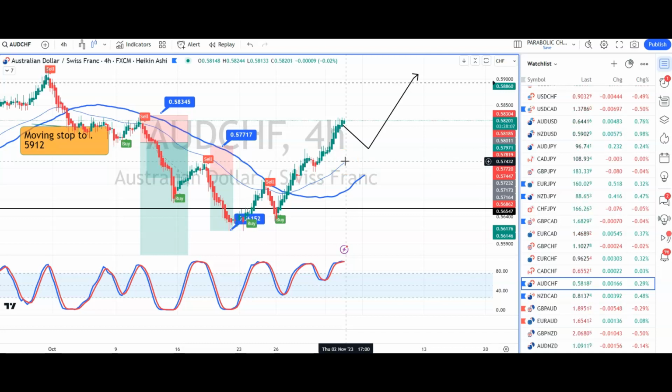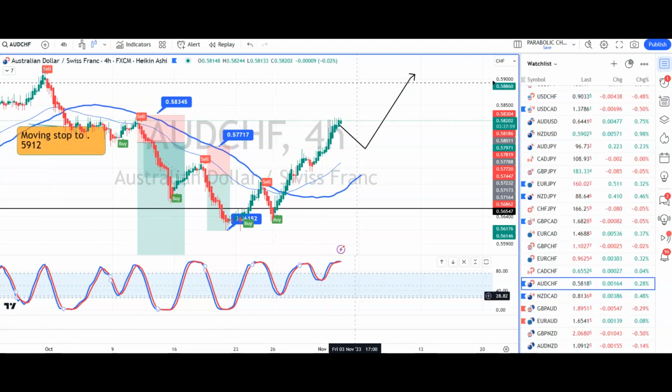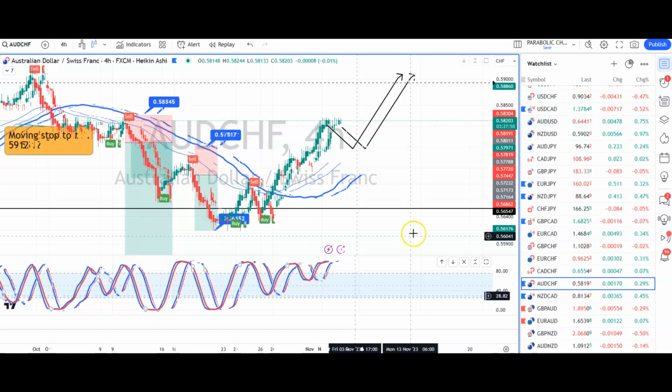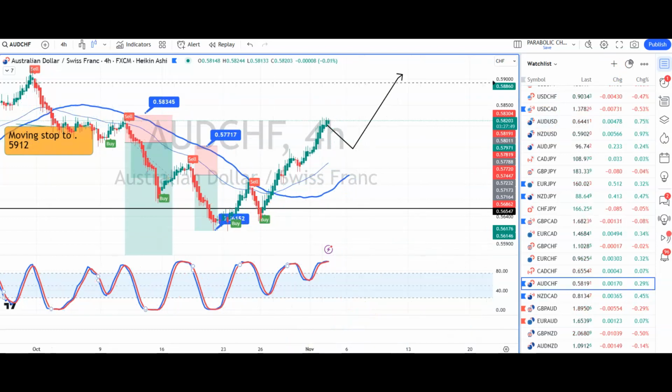Now sometimes it doesn't come down as deep as you want it to. That's just part of trading, but you want to make sure that in an uptrend the stochastic is oversold. Oversold there. We've got a funny shape there. So somewhere around there. And what can happen, you might not get the pullback from the price.